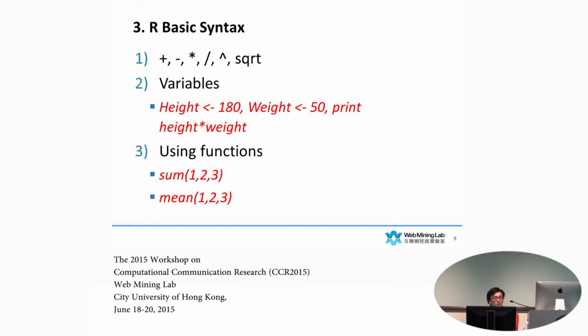some calculation based on the variables. For example, we want to multiply height by weight. Actually, that's equal to 180 and multiply by 2.